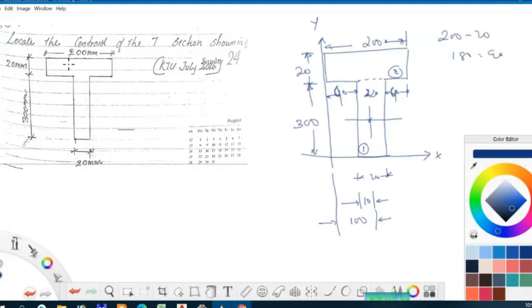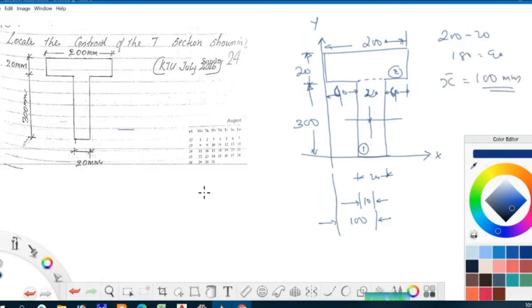You need not find out the individual a1, x1, y1, etc. In this case, x bar is easy to find because it is symmetrical about this axis, so it is just 200 by 2, which gives the distance x bar. So x bar is directly 100 mm.